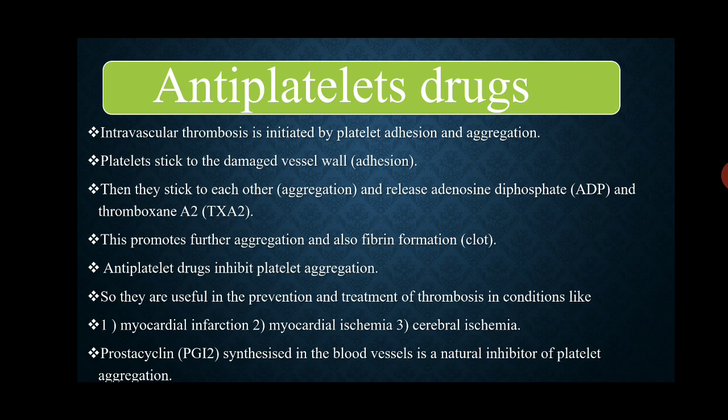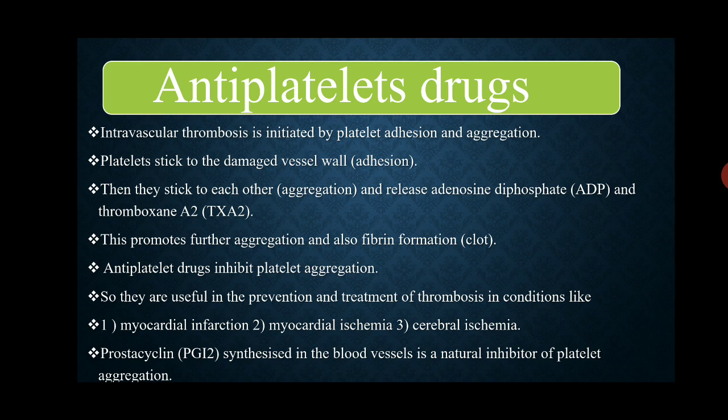And these promote further aggregation and also fibrin formation, the clot. And these antiplatelet drugs inhibit the platelet aggregation. आणि हे जे काय अँटीप्लेटलेट एजंट आहे that inhibit the platelet aggregation. ह्या प्लेटलेटचं ॲग्रिगेशन कसं इनहिबिट होईल ते करण्यासाठी अँटीप्लेटलेट एजंट यूज केले जातात.